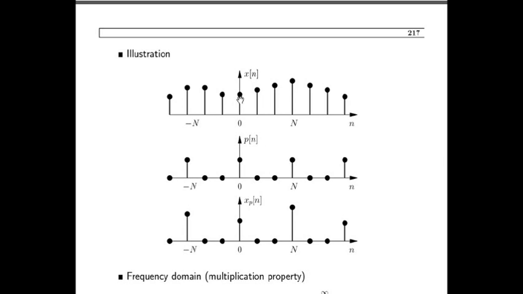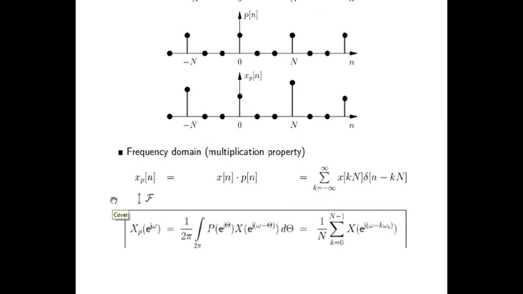When I multiply these two, I get terms only at integer multiples of capital N, as you can see here. In the frequency domain, with the help of the multiplication property, X_p(e^{j omega}) will be the periodic convolution of X and P, which is in the frequency domain only.